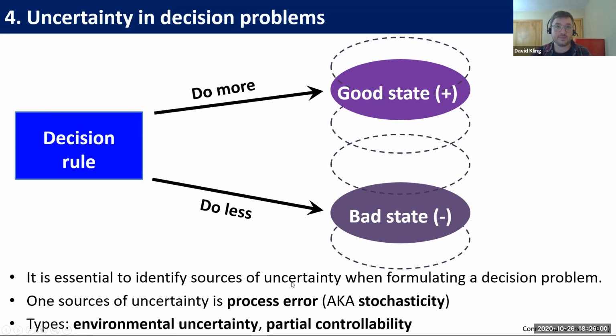Economists think a lot about sources of process error that don't have anything to do with environmental uncertainty or partial controllability. Often these sources of uncertainty appear in the objective function.